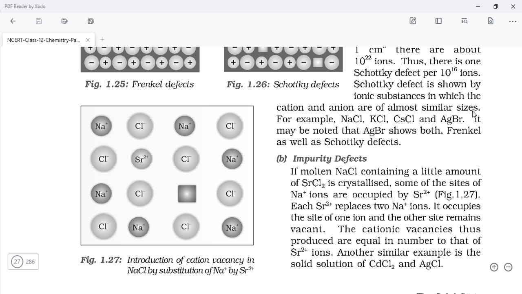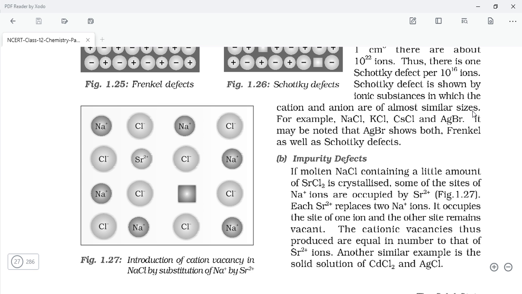If molten NaCl containing a little amount of SrCl2 is crystallized, some of the sites of Na plus are occupied by Sr plus 2. Each Sr plus 2 occupies the site of one ion and the other site remains vacant. The cationic vacancies thus produced are equal in number to that of Sr plus 2 ions.